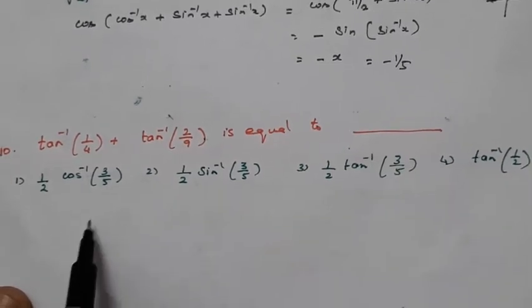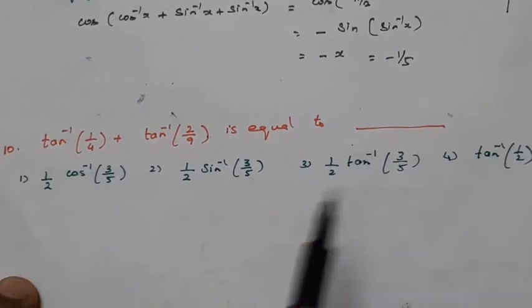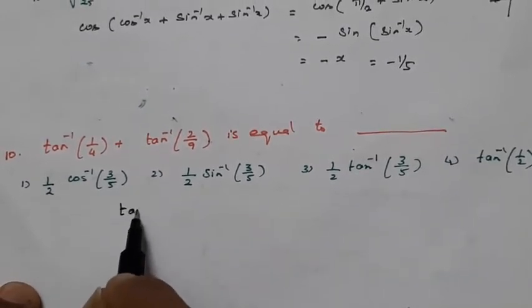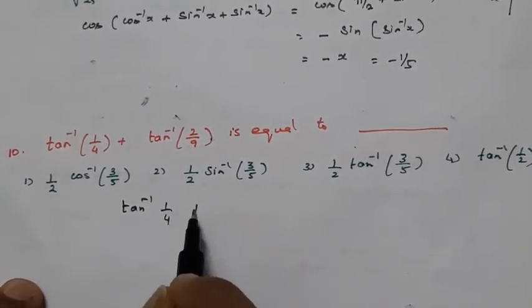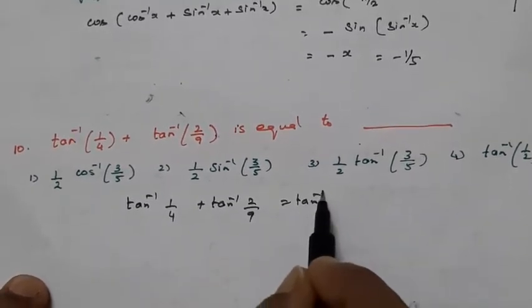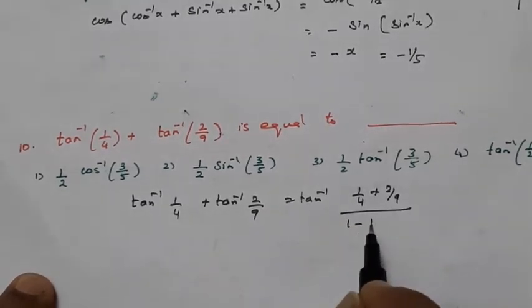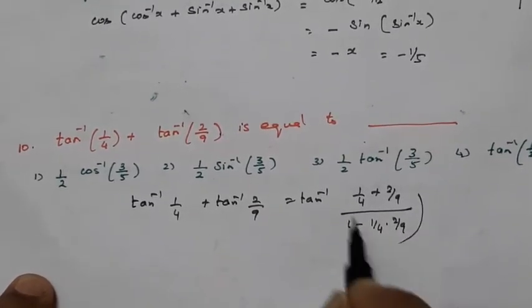You can also check by using the formula whether tan inverse of 1 by 2 is the correct answer. Let us check. Tan inverse of 1 by 4 plus tan inverse of 2 by 9 is equal to tan inverse of (1 by 4 plus 2 by 9) divided by (1 minus 1 by 4 into 2 by 9).